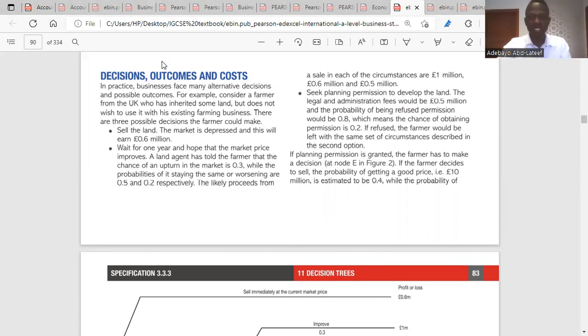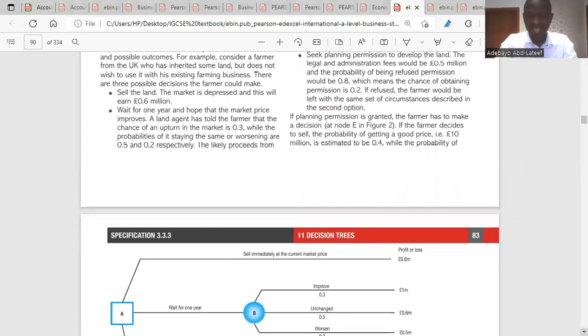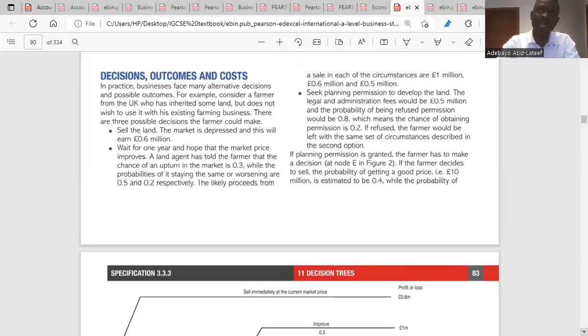Then we talk about cost. Cost is basically the price you have to pay in the course of taking that decision. The value of the numerical figure that has to be paid in the course of taking that decision. That is cost. The costs which should be used for decision making are often referred to as relevant costs.